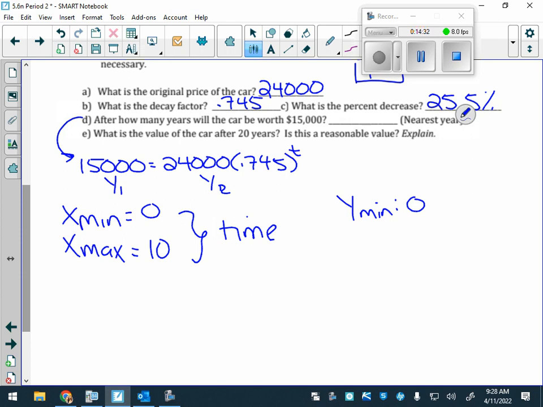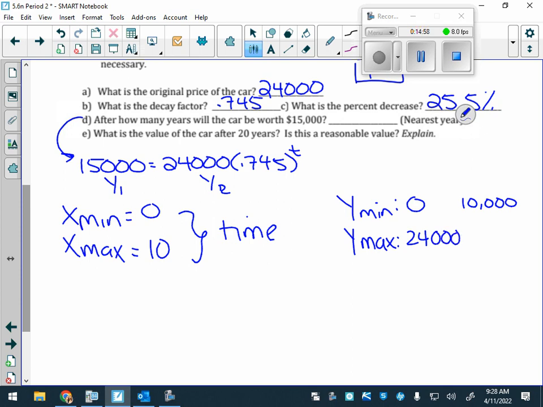So in this particular problem, I would set my minimum at, let's say, 10,000. Okay, because between 15,000 and 24,000, 15,000 is the lower one, but I want to actually see the line crossing, so 10,000. Your Y max can be your highest value, which was 24,000.